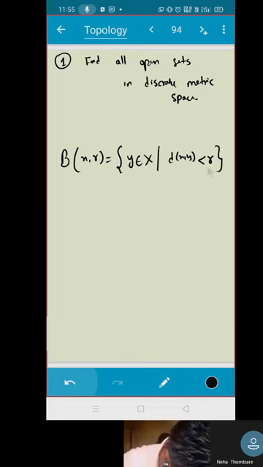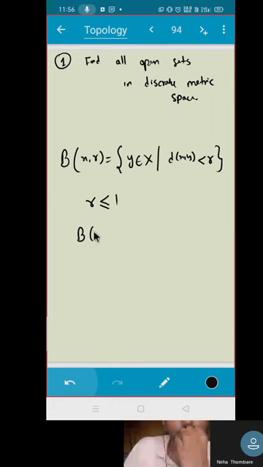That is the definition, right? What do you know about this? It depends completely on your r. Do you agree? In the case of discrete metric space, it depends completely on your r. What if your r is less than or equal to 1? Then what is B(x, r)?